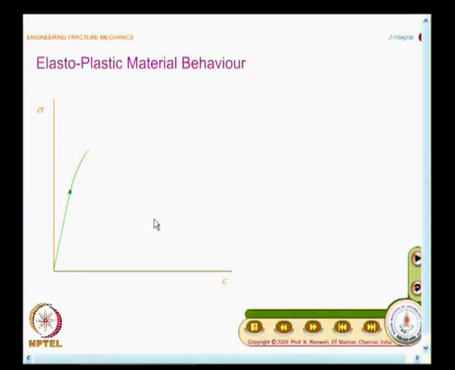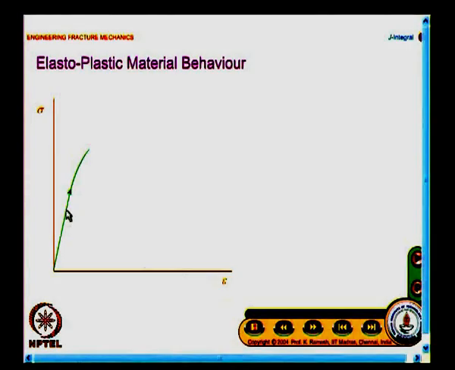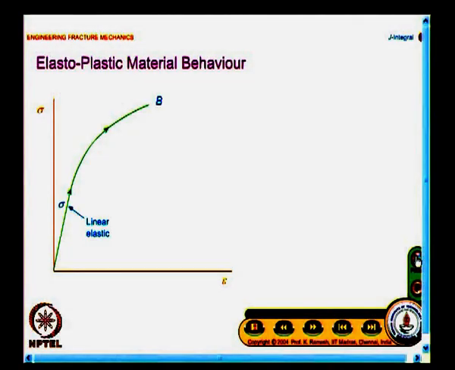You just watch this animation carefully. I have this stress strain curve and this is shown for a non-linear elastic solid, and up to this there is no problem. This portion is linear elastic and this portion is non-linear elastic.